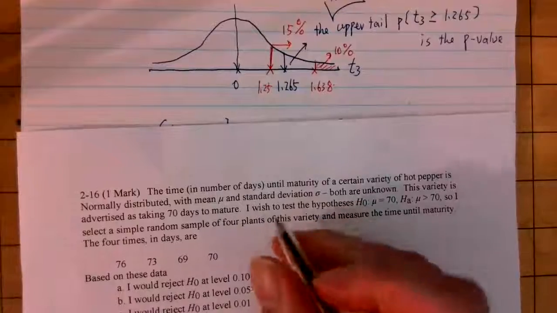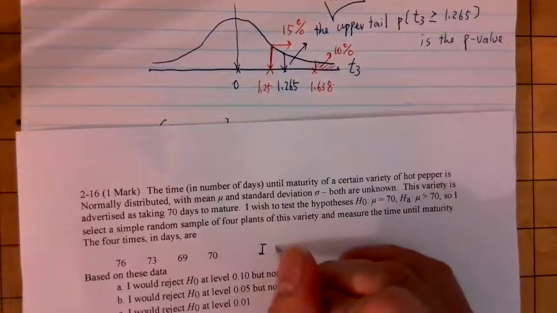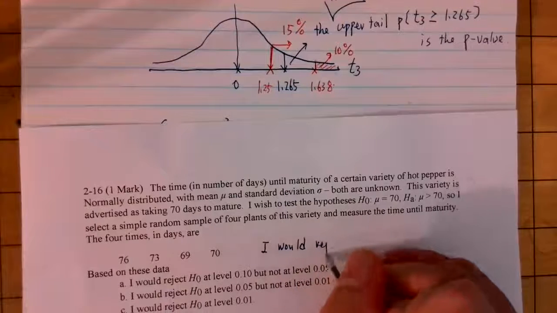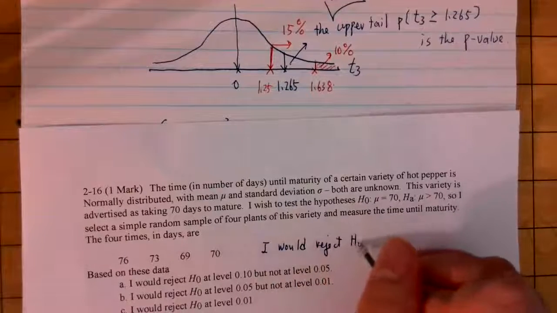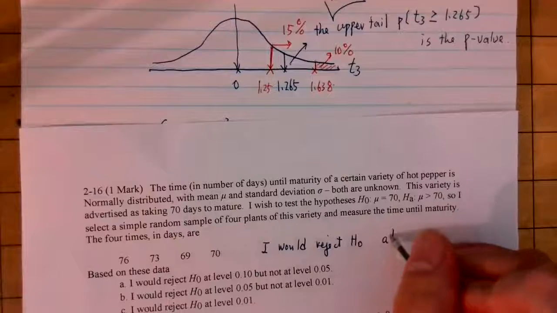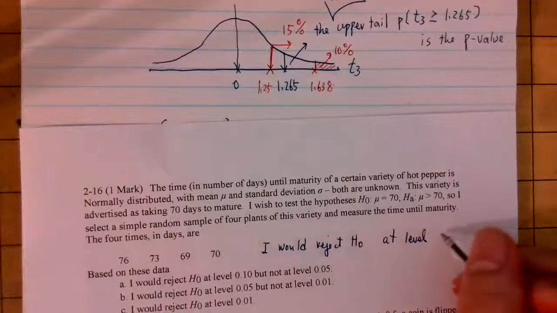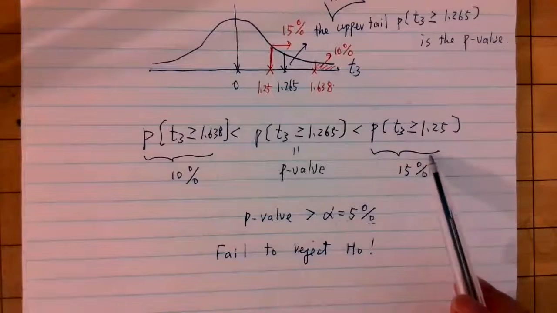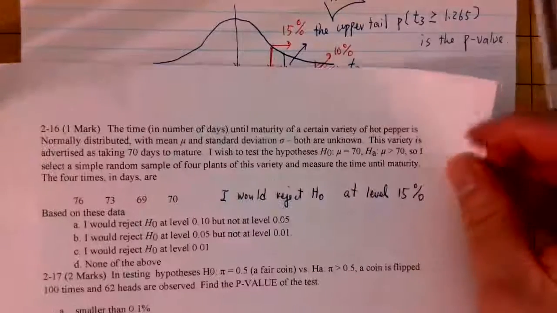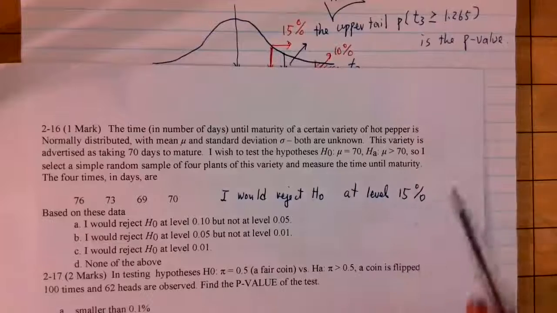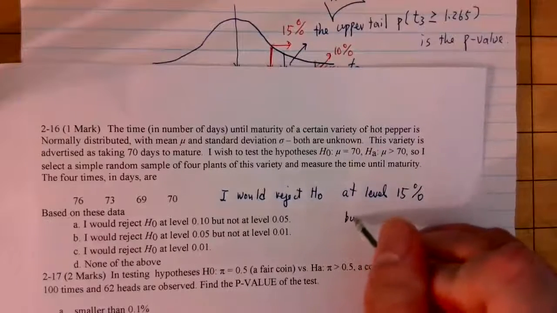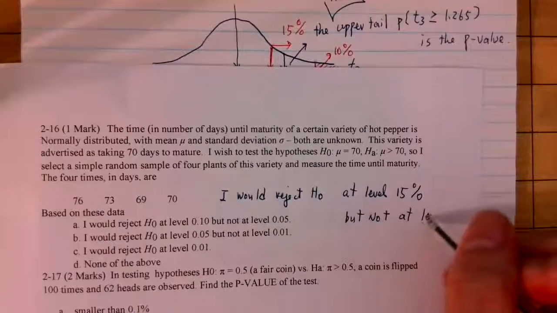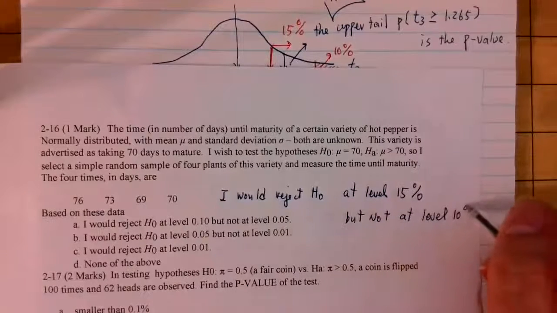So the answer is I would reject H naught at the 15% level, because this probability is smaller than 15%, but not at the 10% level.